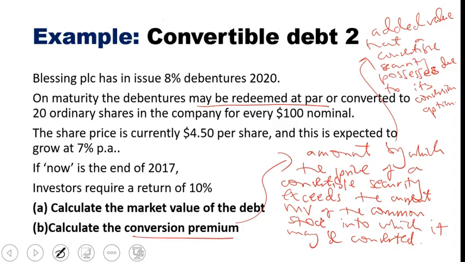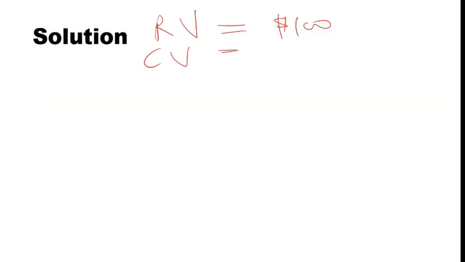So redemption value, RV, is going to be $100 because they are going to be redeemed at par, but the conversion value is going to be 20 ordinary shares. So that's 20 multiplied by the share price.